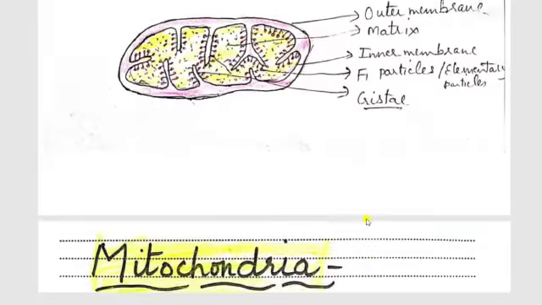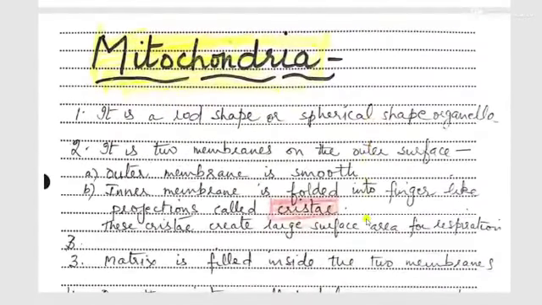So first, the points for its structure are: first, it is a rod-shaped or spherical-shaped organelle. Second, it has two membranes on the outer surface. First, the outer membrane is smooth. Second, the inner membrane is folded into finger-like projections called cristae. These cristae create a large surface area for respiration.